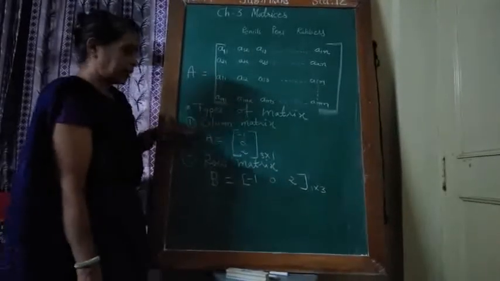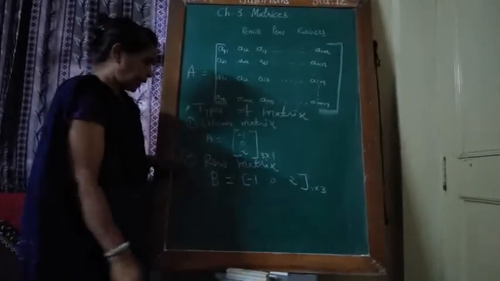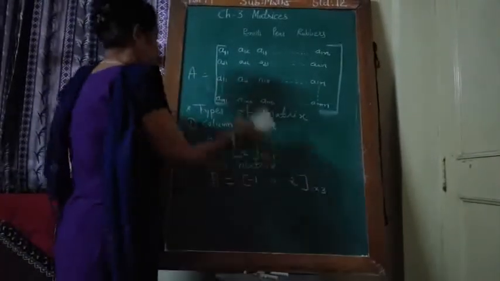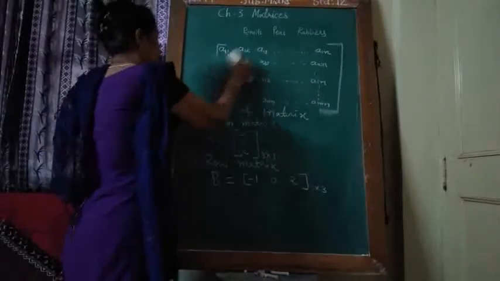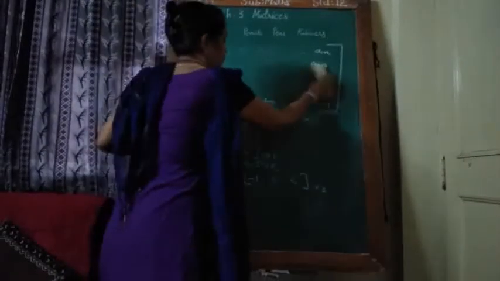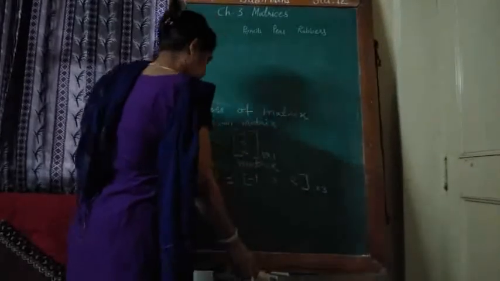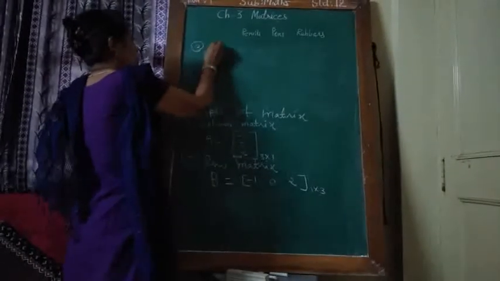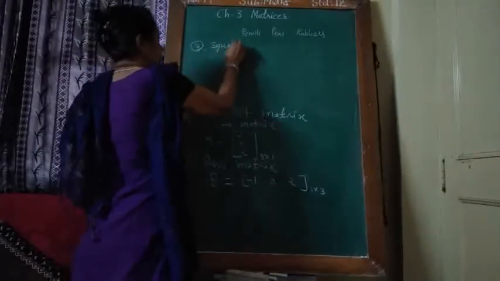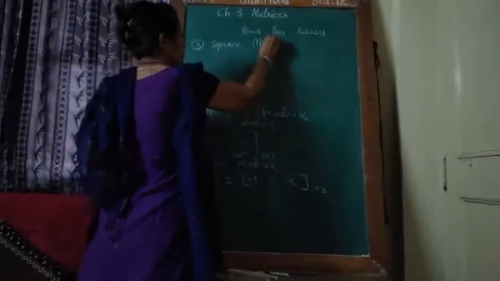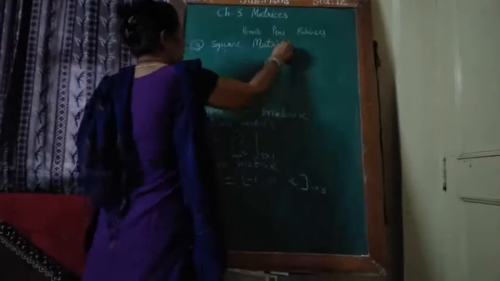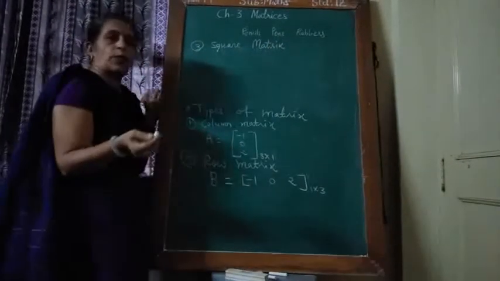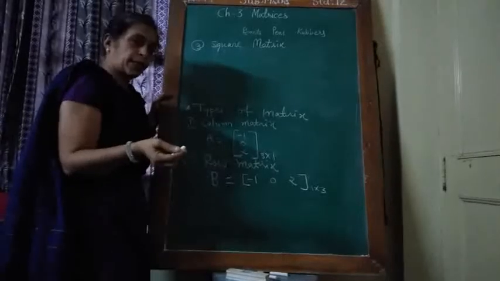So column matrix, row matrix, and now third, I write square matrix. What do you mean by square matrix? Square matrix means the number of rows and number of columns are equal.